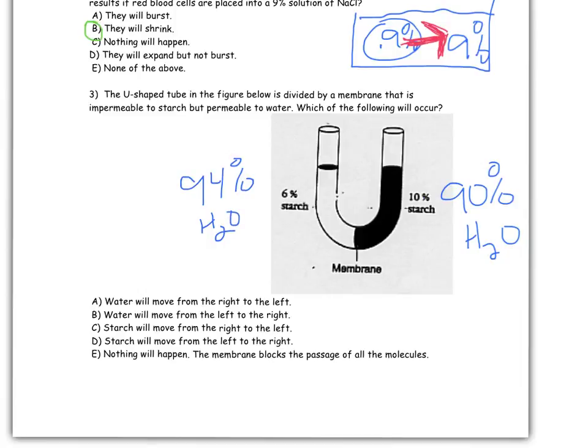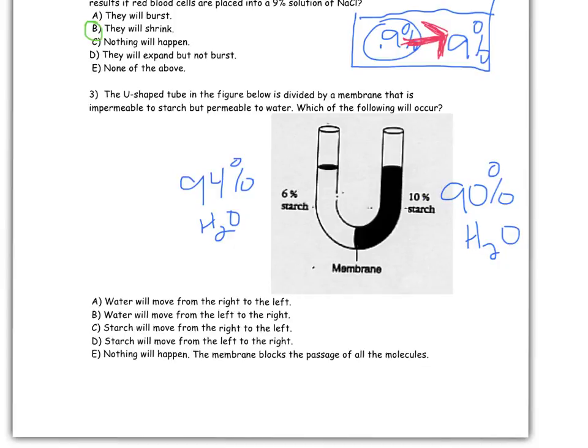And so, keeping that in mind, it always helps to remember where the water is the highest and the solute is the highest. Remember, this is a solute, and this would be the solvent. Solute and solvent together equal 100% on each side of the membrane. Wherever that membrane is, if it's in a tube, or in a cell, or in a bucket, it doesn't matter.